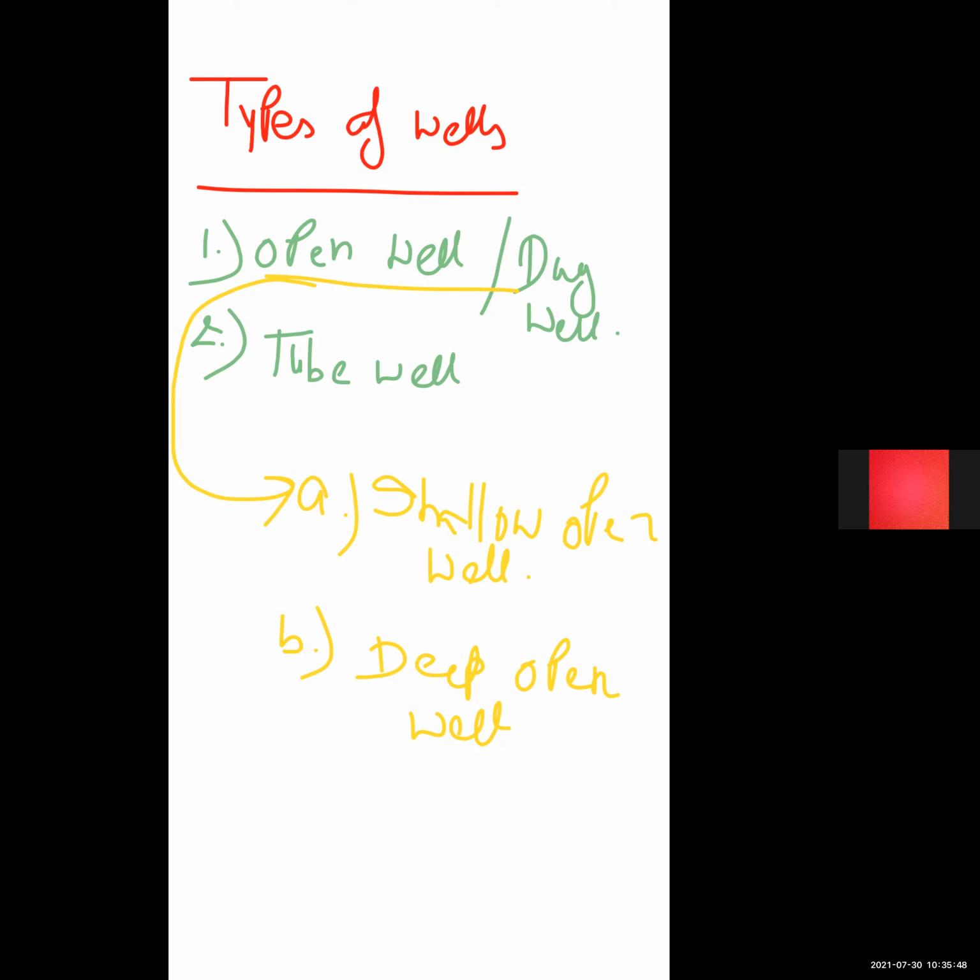The head difference between these two levels is also called depression head. Under the influence of this head difference, water enters the well from the outside so as to fill the gap created by the withdrawn water.